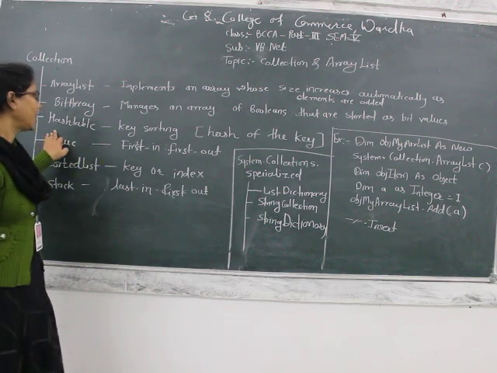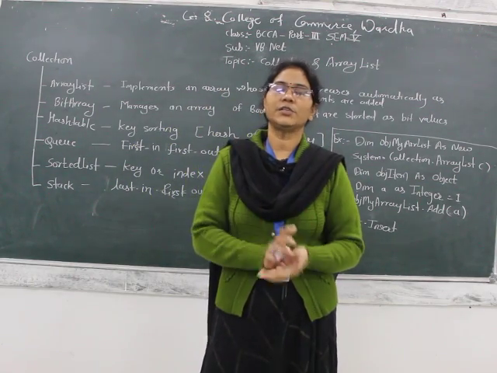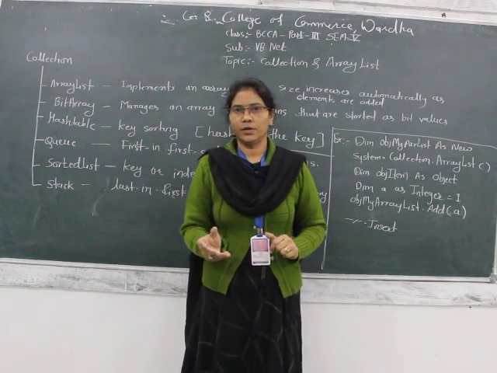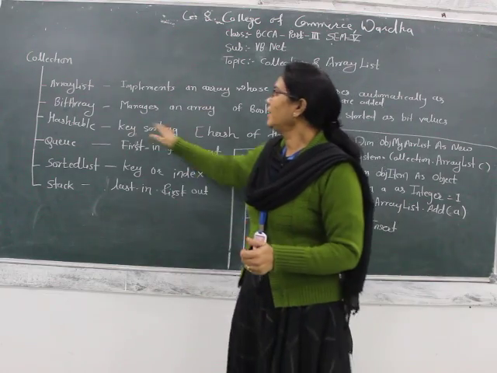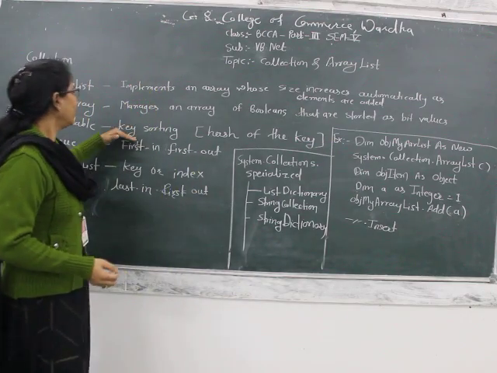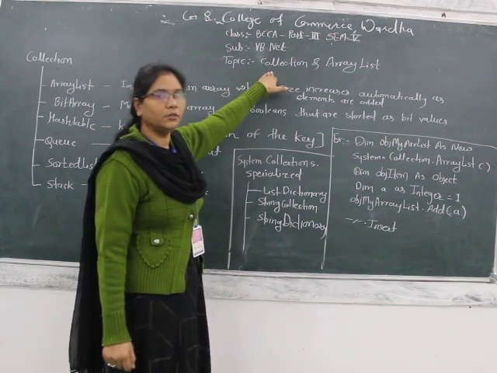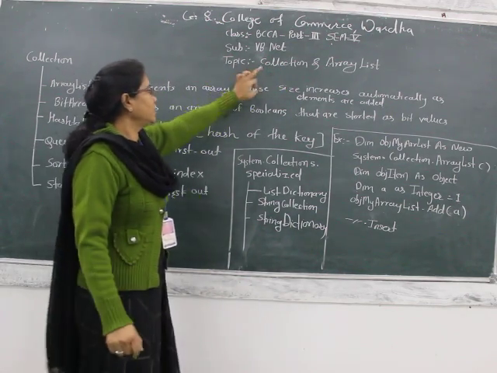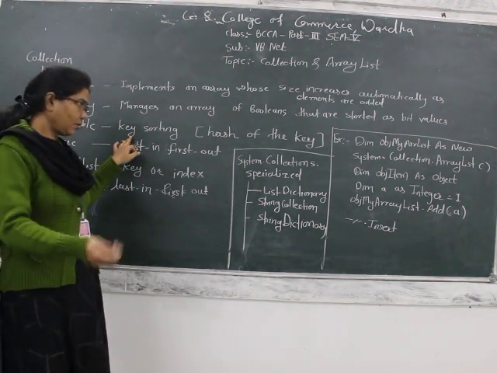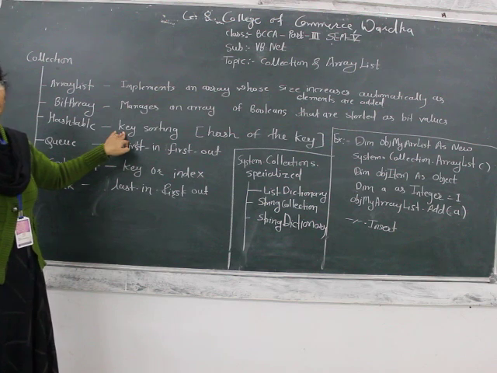The next one is hash table. You know what is meant by hash table. In every hash table we use a key. The elements are stored in the hash table with their key, in sorted order. So we are storing the elements in hash table, which belongs to the collection namespace. This hash table provides us the implementation for storing the values with the help of its key.